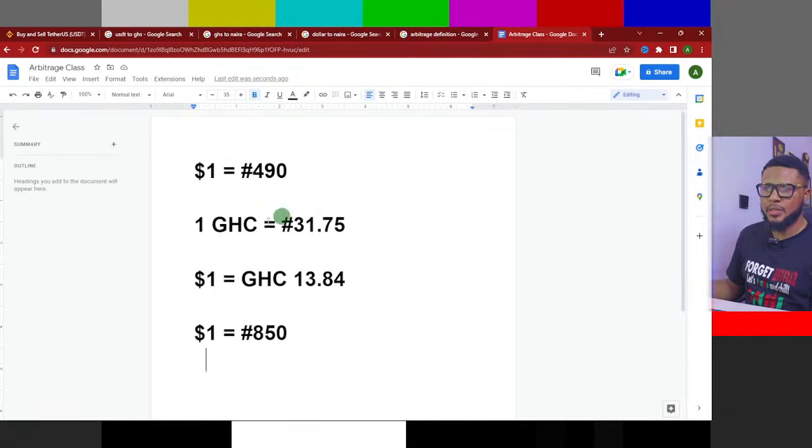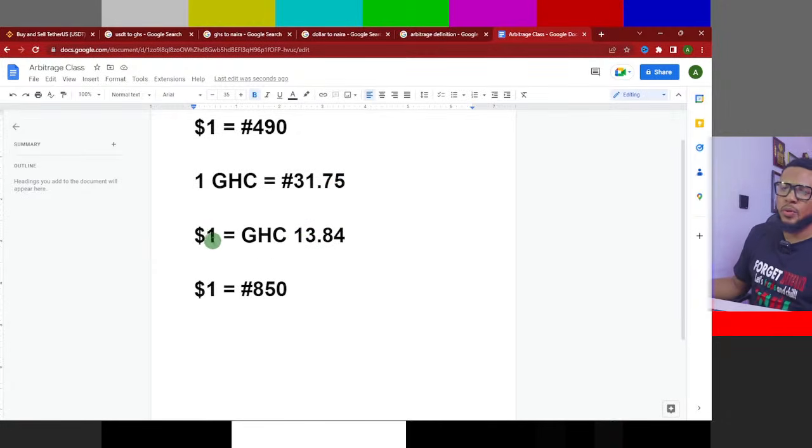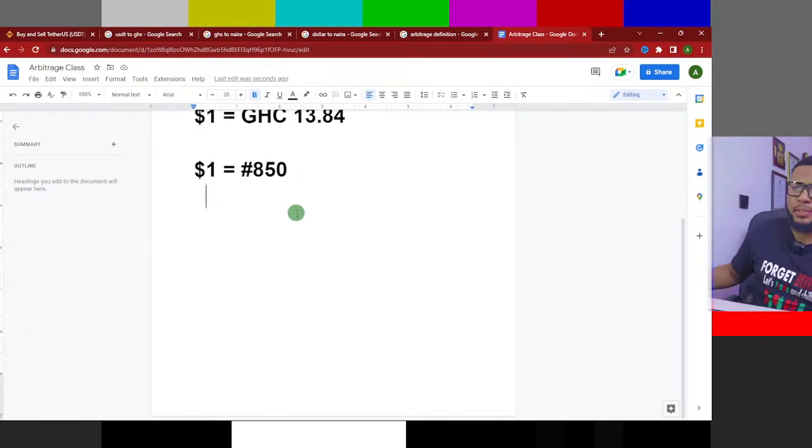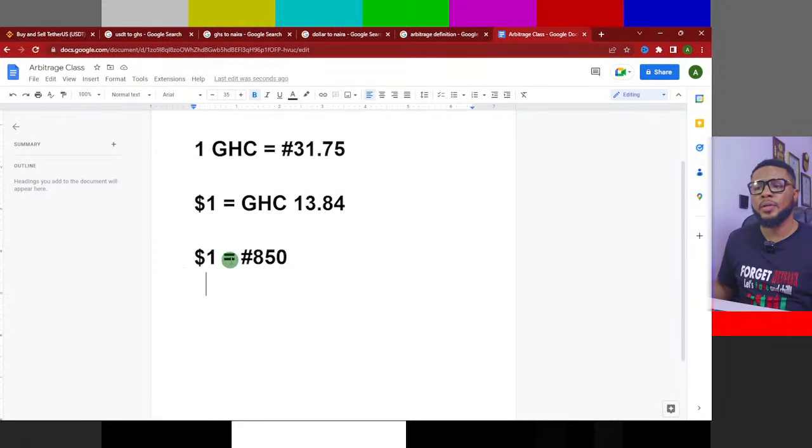That's the bank rate. And 1 Ghana cedi is 31 naira 75 kobo bank rate, and $1 to Ghana cedis is 13.84 Ghana cedis. And black market Nigeria is $1 to 8.50, right?